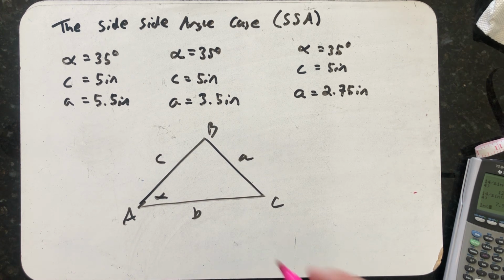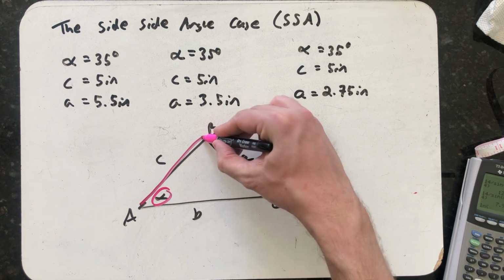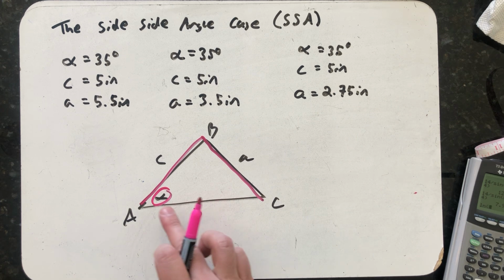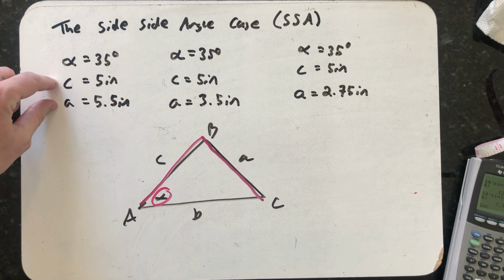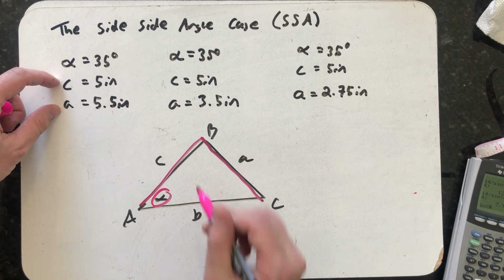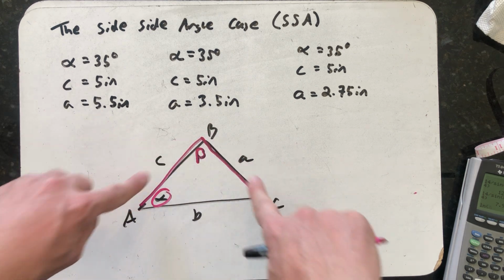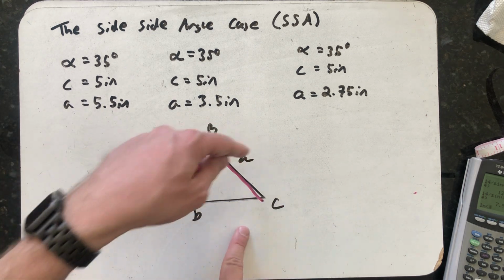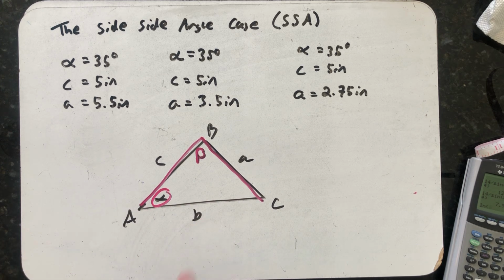So if I look at the parts of the triangle I'm given: alpha, c, and a. I'm given a side, an angle, and then two sides. It's not the angle between them. And if I now think about sides c and a, the angle between them has to be beta, because c and a are across from gamma and alpha, and beta's across from the missing side b.